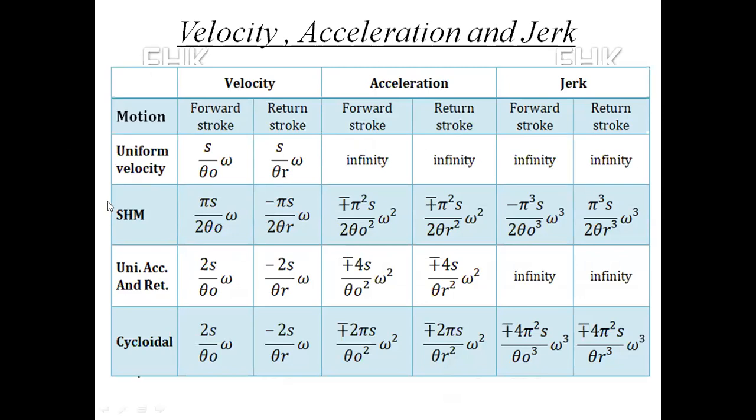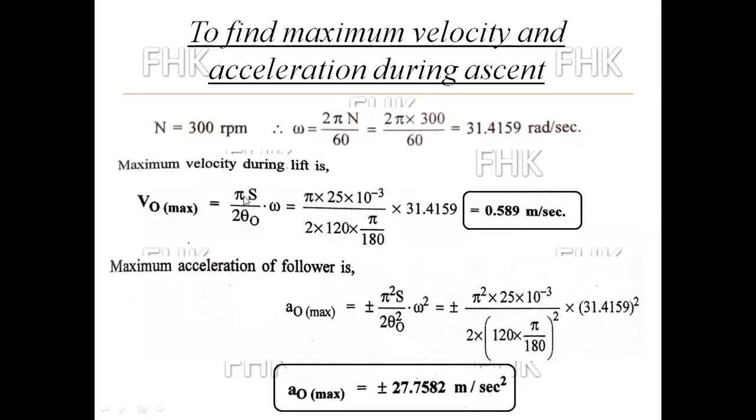Okay, in the forward stroke simple harmonic motion is given. So we have to find the velocity in the forward stroke during simple harmonic motion of the follower. The formula for this is pi s omega divided by 2 theta outward.